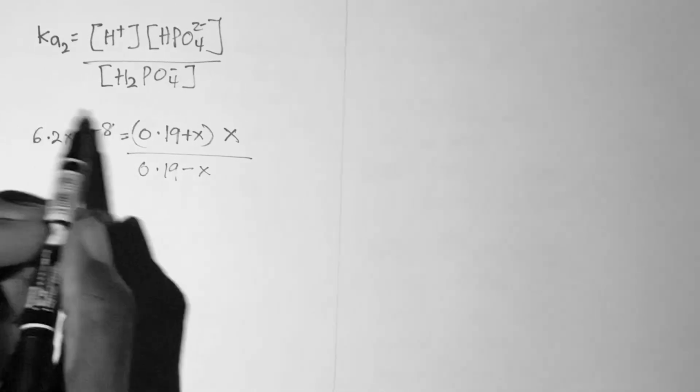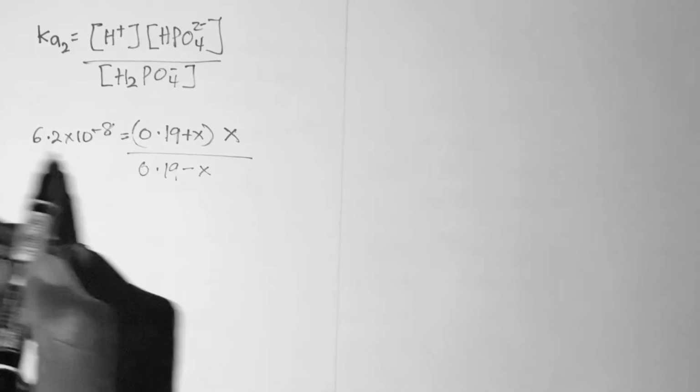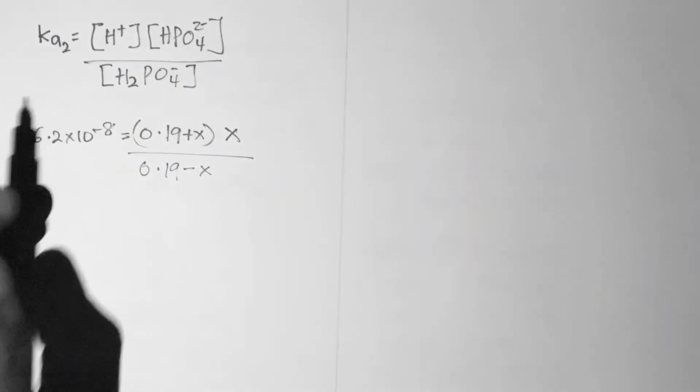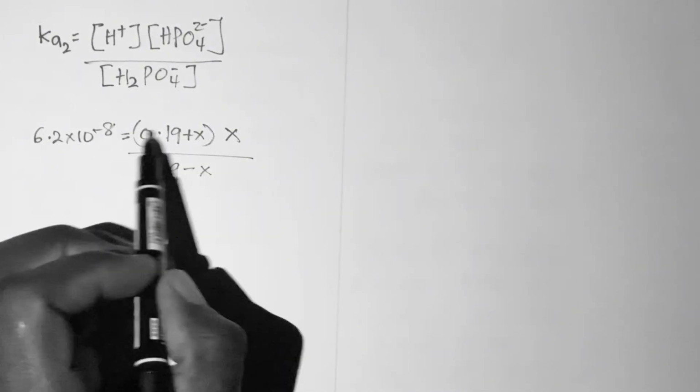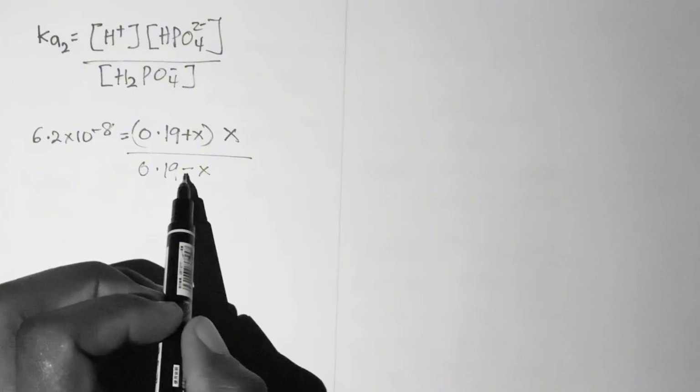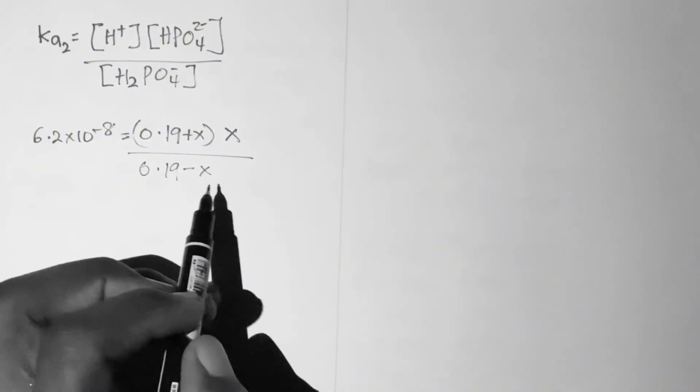Now, because this acid dissociation constant is very low, we are going to make the approximation that 0.19 plus x equals 0.19, and 0.19 minus x equals 0.19.